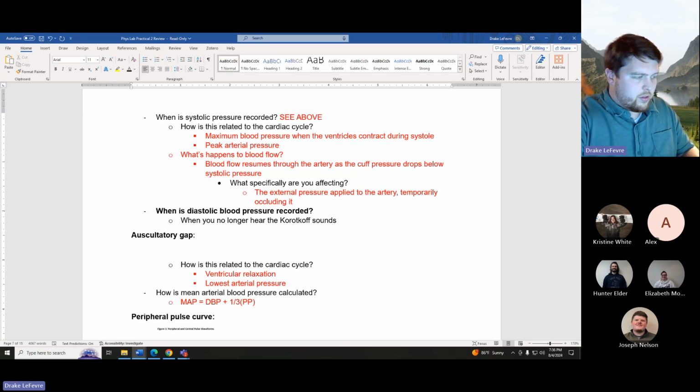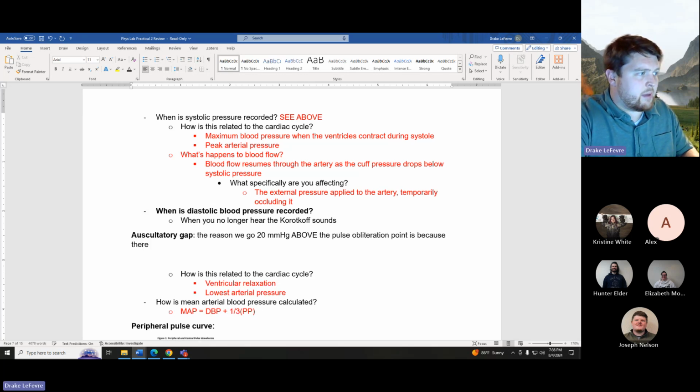So the reason we go 20 millimeters of mercury above the pulse obliteration point is because there may be a gap.